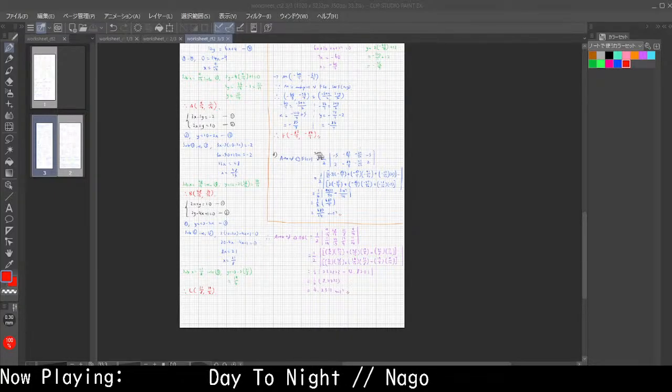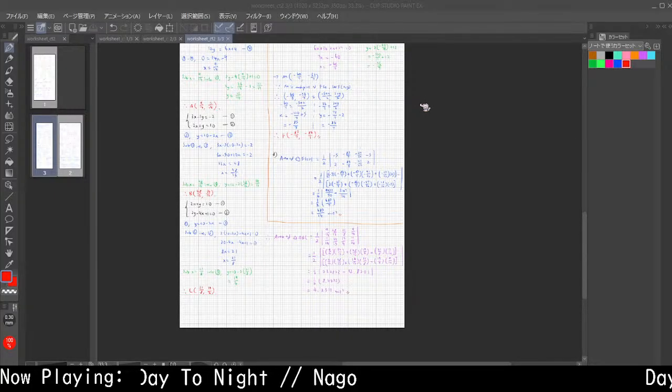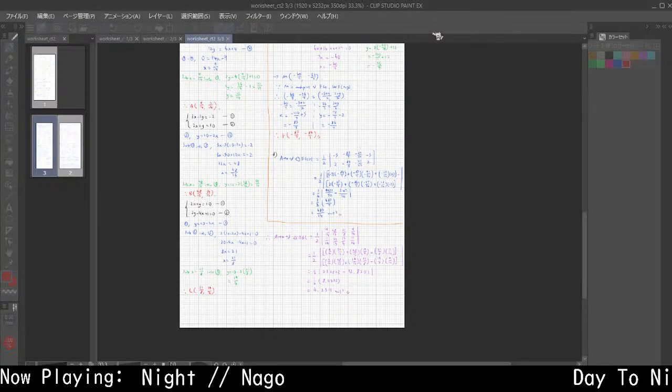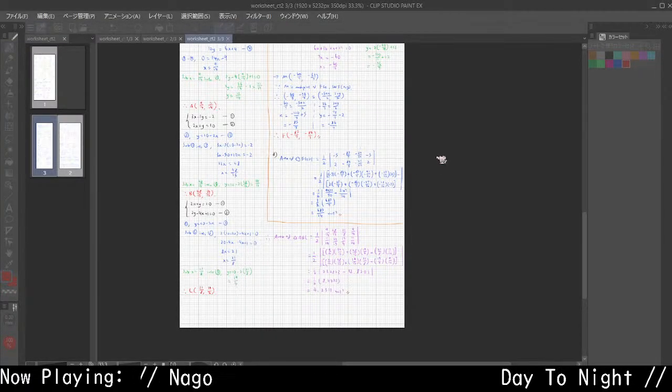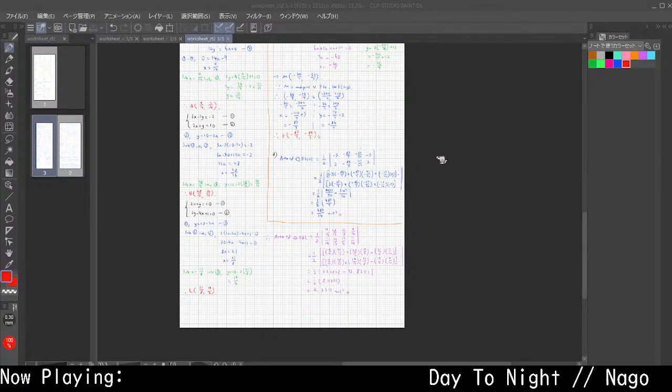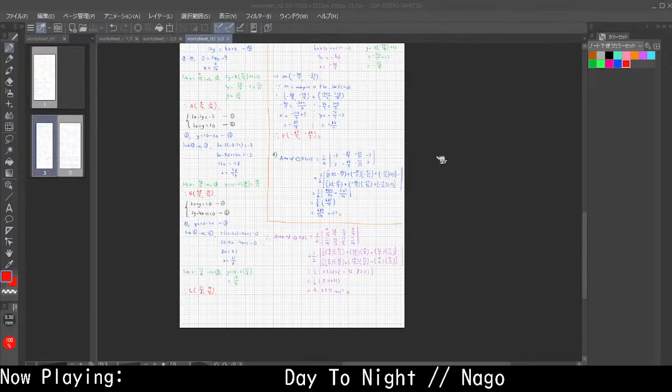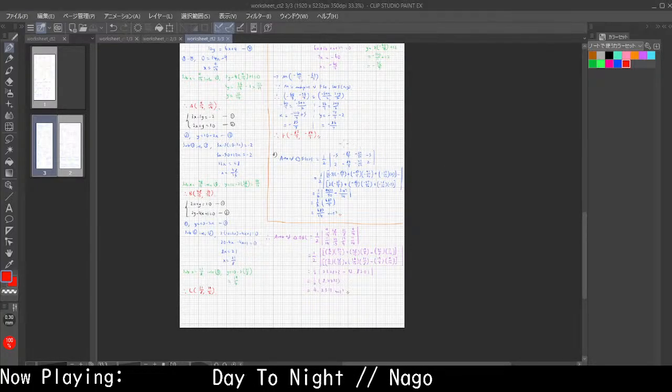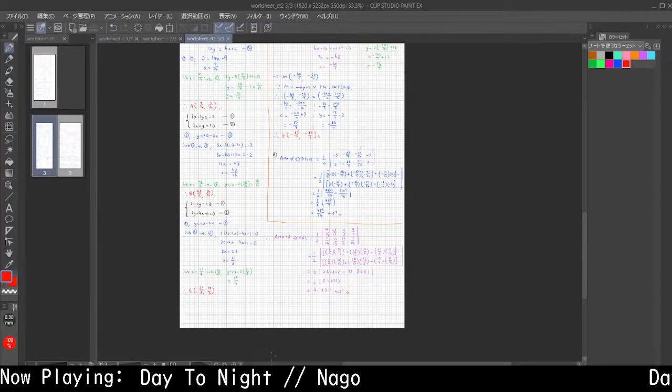A worksheet CT2. Okay. Okay. Okay lah. Thanks. Okay.